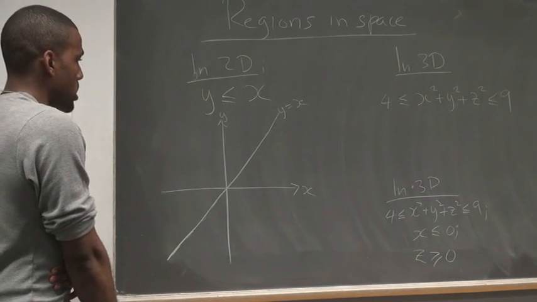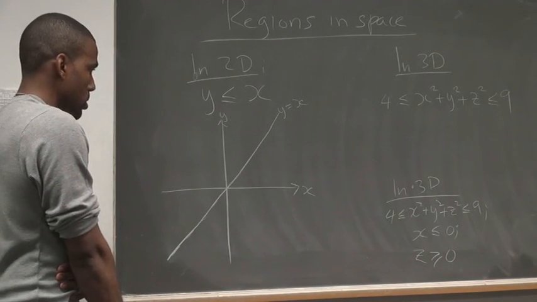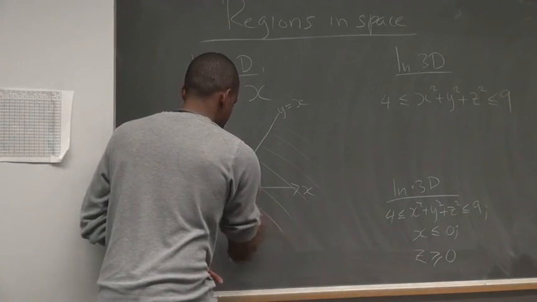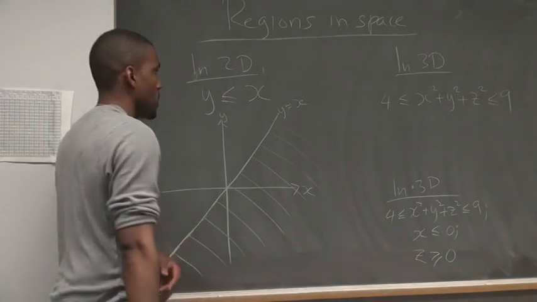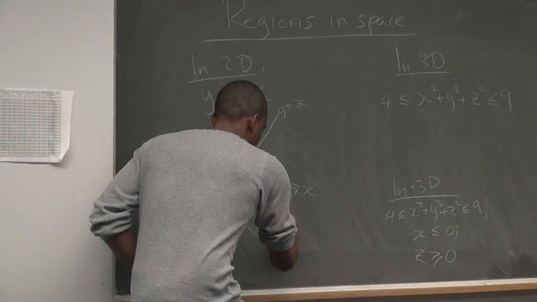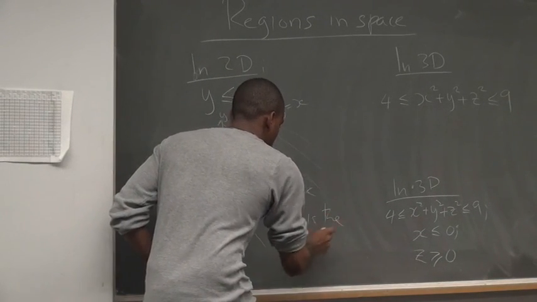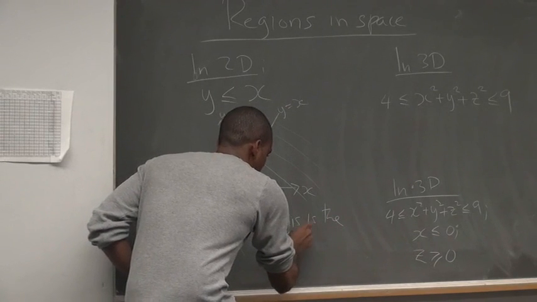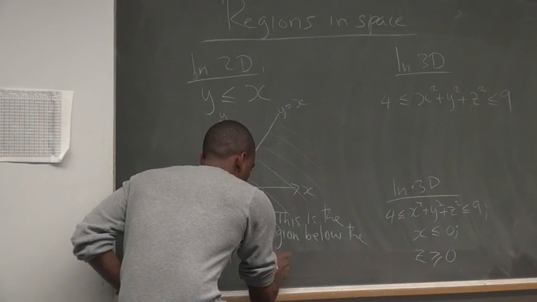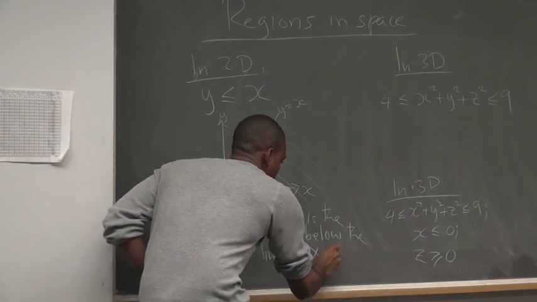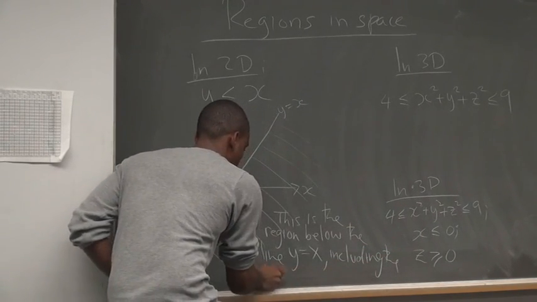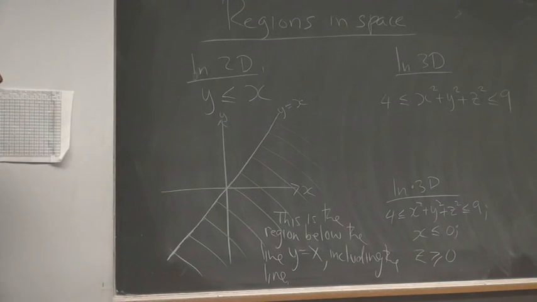Now we want the y value to be less than or equal to the x value. Notice that that will happen below the line. So, in other words, I can describe this as that. That's how I could describe that region.